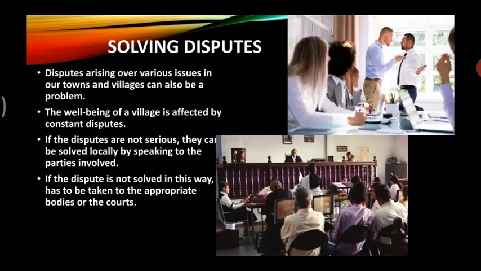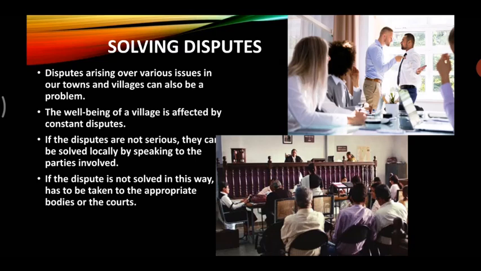Let's move forward. The next is solving disputes. Now, disputes means quarrels, and quarrels means fights. So, disputes arising over various issues in towns and villages can also be a problem. That's the first point. The well-being of a village is affected by constant disputes.